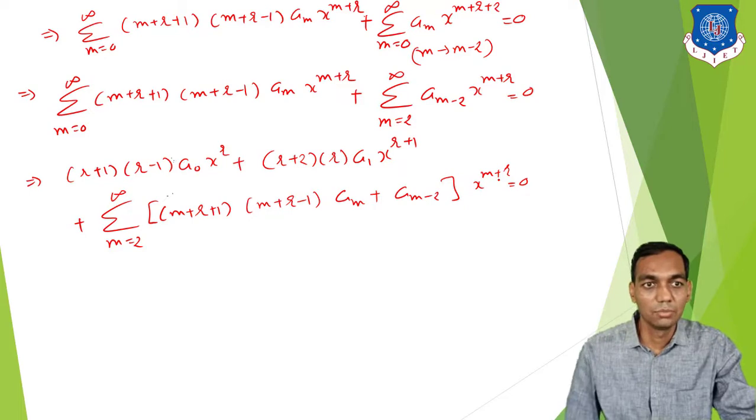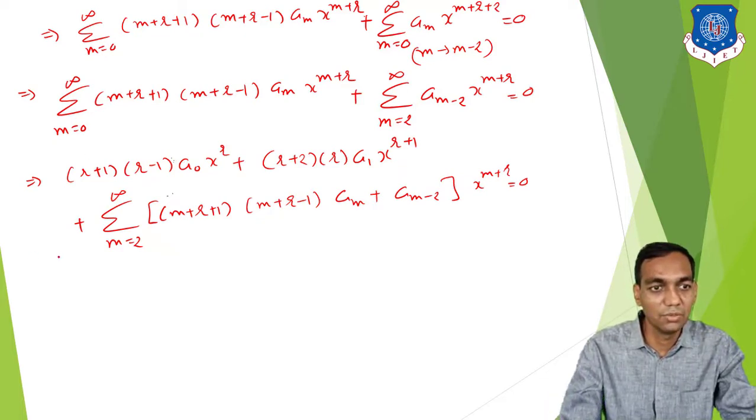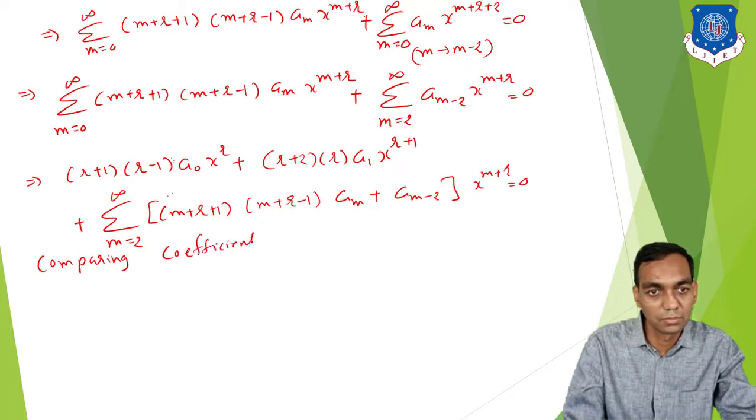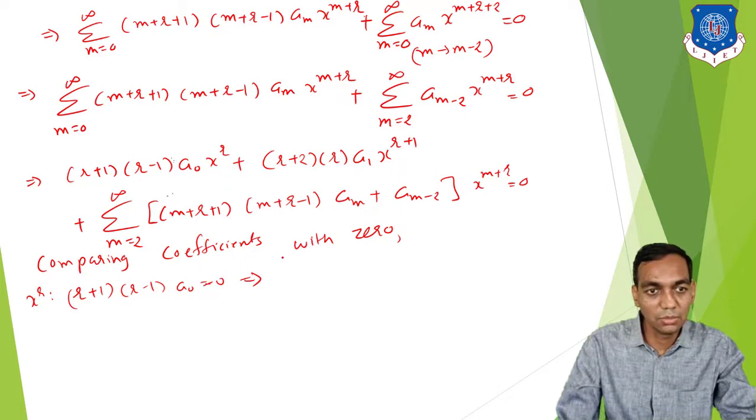Okay. Now what we are going to do is, we are going to compare the coefficients with 0. So first we are going to compare the coefficient of x raised to r, that is (r plus 1)(r minus 1) a0 is equal to 0, but a0 is not equal to 0, so you will have r is equal to minus 1 and 1.